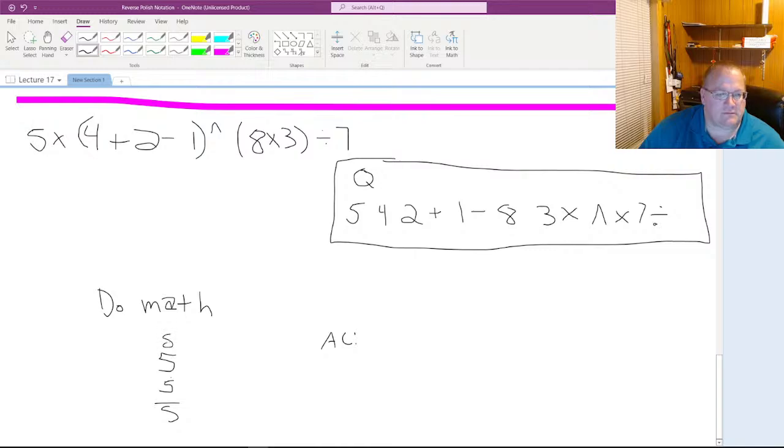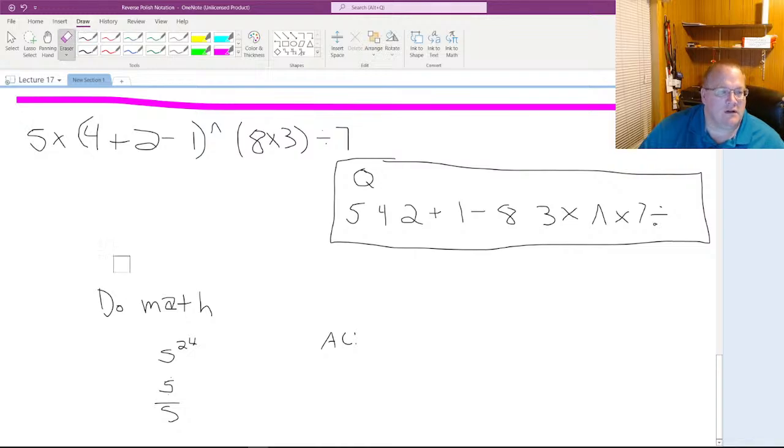Then we get an 8. Then we get a 3. And then we get a multiplication. So we're going to do that math. So 8 times 3 is 24. And then we have a caret. So now we have 5 to the 24th power. I'm not going to do the math on that. Times 5.